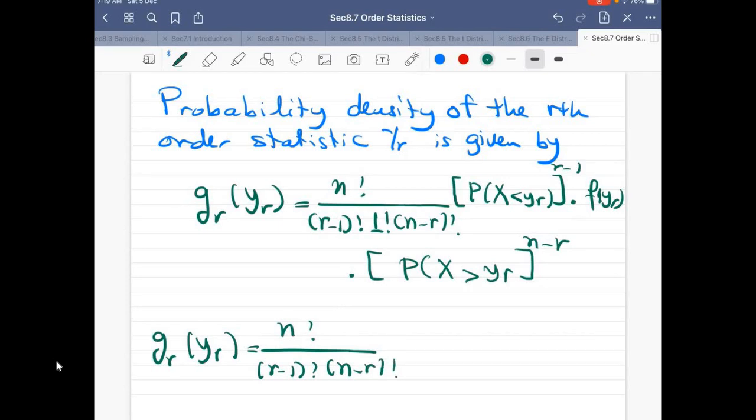Okay, if you want to write it 1 factorial, you can have it, and then into a probability of x less than y sub r is the CDF. We assume a density continuous. We assume a variable continuous.